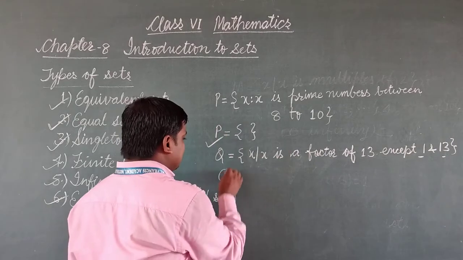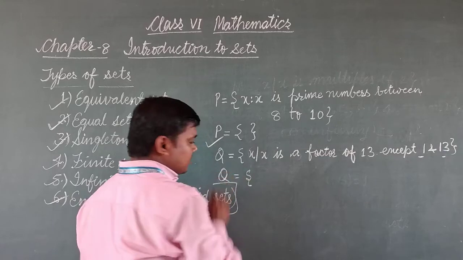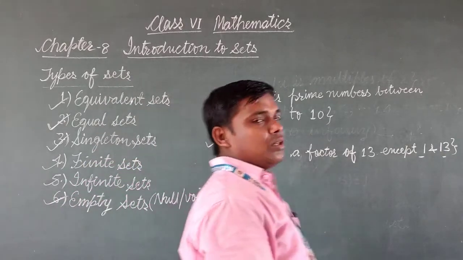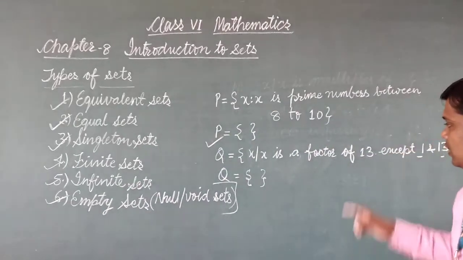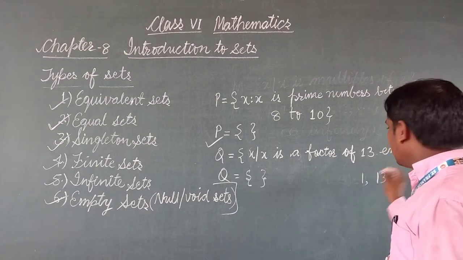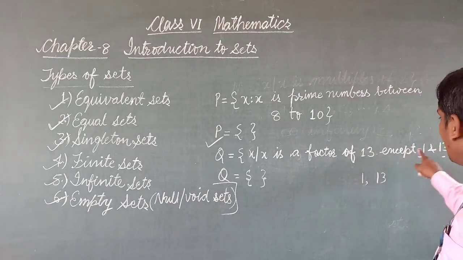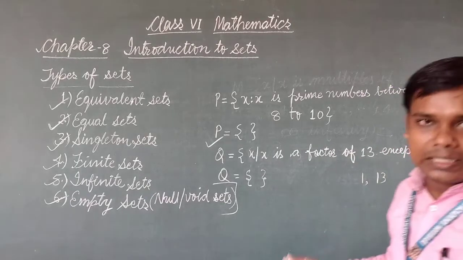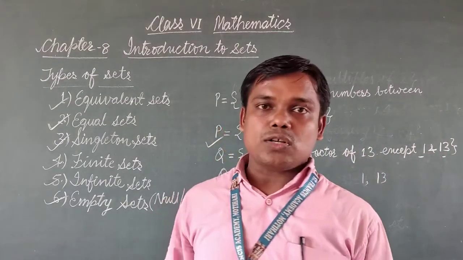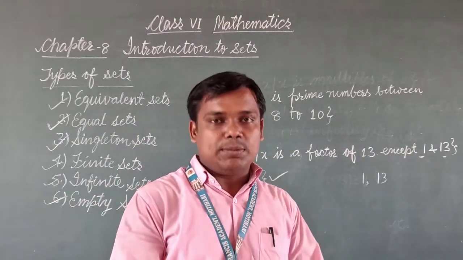Now if you will write set Q in roster form, you have to write there is no element of this set because 13 has only two factors, 1 and 13, and by the statement we have to write such a factor which is not 1 or 13, so there will be no factor, and that time we can write set Q is an empty set or null set or void set. I hope you understood all the types of set.